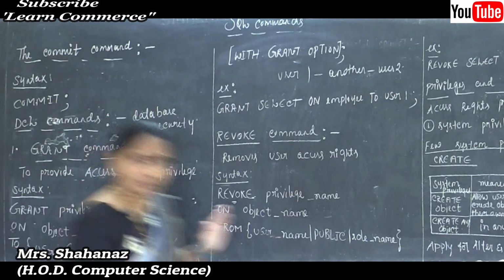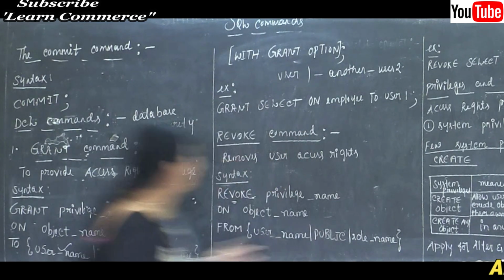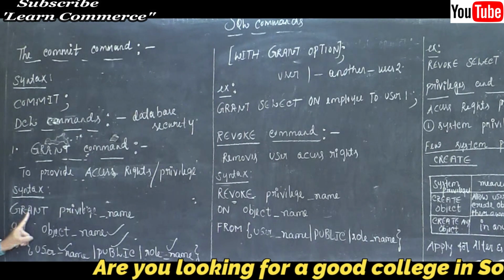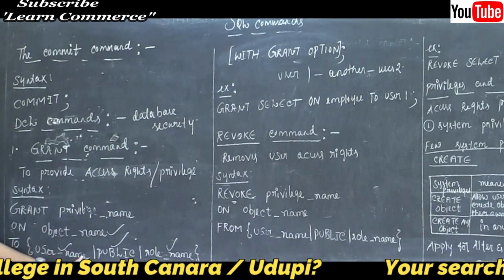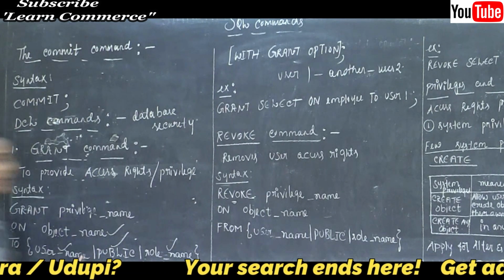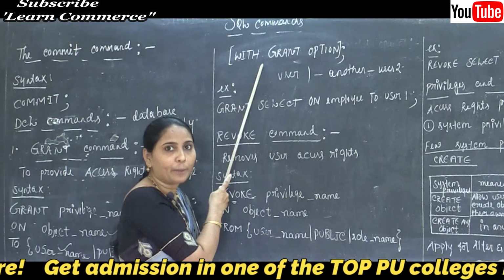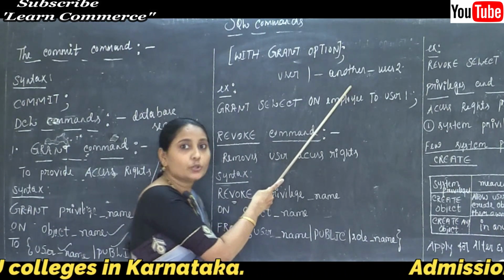It means we are granting the select permission on the employee table to user 1 with grant option, which means that user 1 can also grant permission to another user, such as user 2.